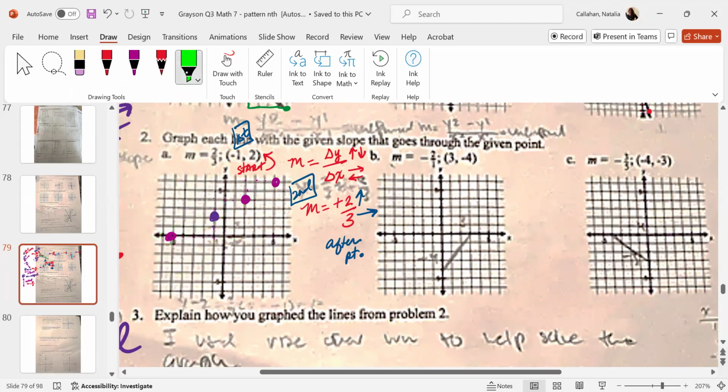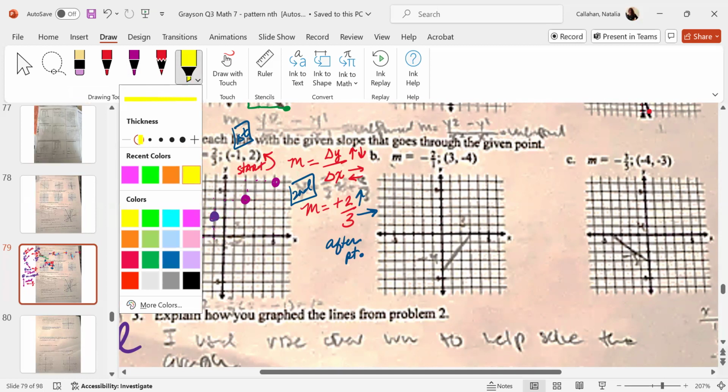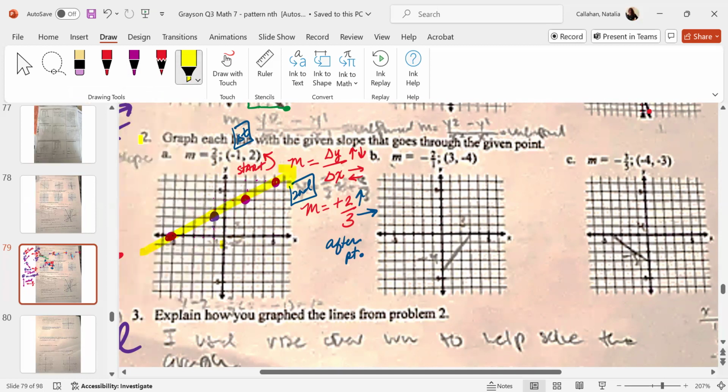No, connect your dot. And that's your line. Does that make sense? Okay, your line needs to have arrows. I don't understand why you have tiny itty bitty little lines. But it needs to have arrows.